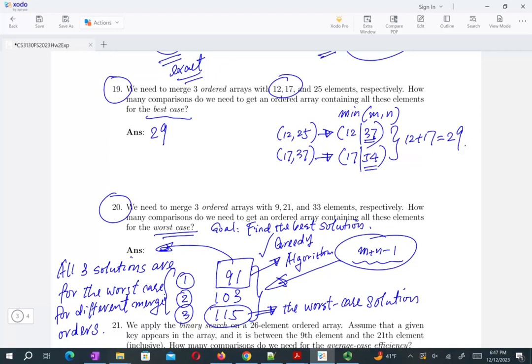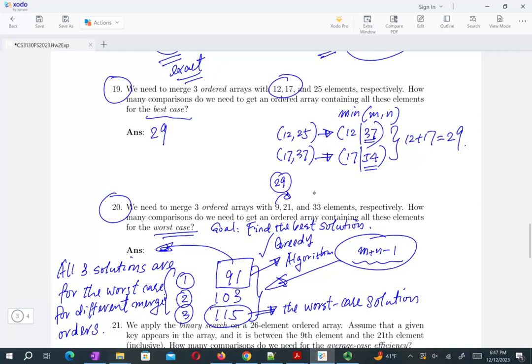So greedy, how greedy? We merge these two first, right? Yeah, merge these two, and the first time you get 29, right? 29 comparisons.